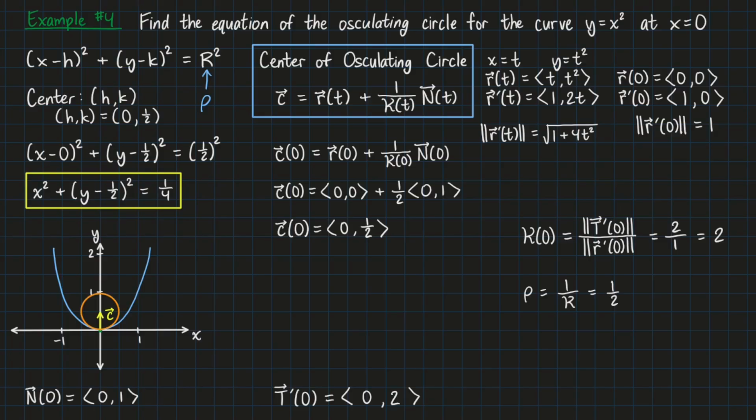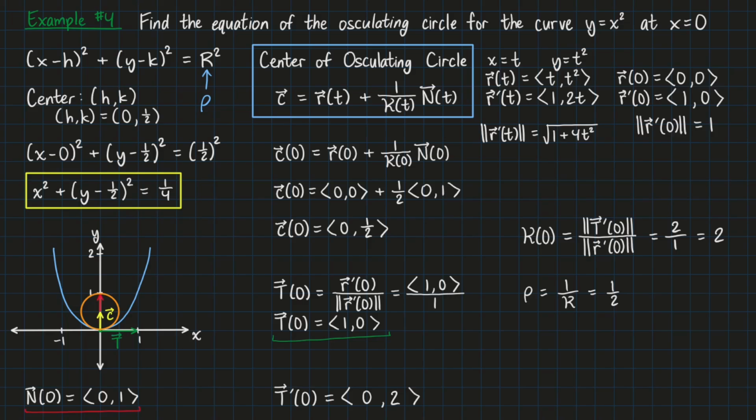And now let me find the unit tangent vector at t equals 0 so I can plot T and N on the graph as well. Okay, so at x equals 0 or t equals 0, the unit tangent vector T is ⟨1, 0⟩. This points in the direction of motion at that point. And the unit normal vector is ⟨0, 1⟩. And this points towards the center of curvature.